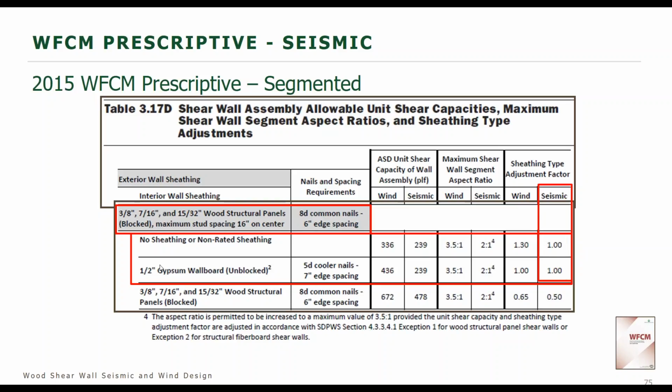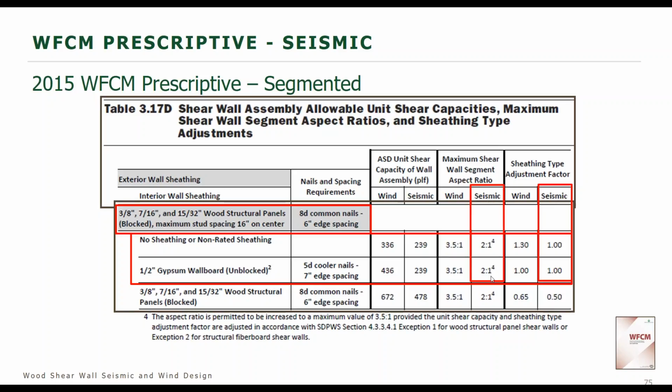We didn't have any gypsum. The second row is 1 as well, because although we've added gypsum for the interior of our wall, we're not taking that into account when we do our seismic design. And then if we wanted to have wood structural panel, we have a different coefficient. But right now, we're just going to start off with the baseline construction, and go from there.